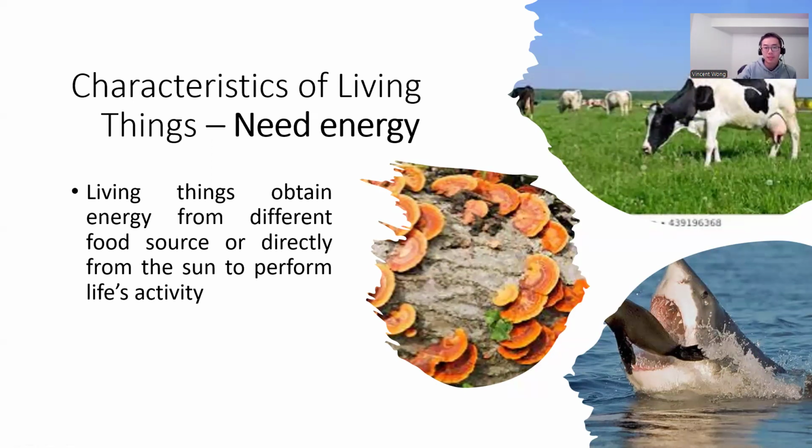We have organisms that feed on decaying matter, like fungus. We have plants that are able to make food directly from the sunlight and carbon dioxide in the air. Right? So different forms, different ways of making food. But the bottom line is if something is living, if something is alive, there must be a way to obtain energy.